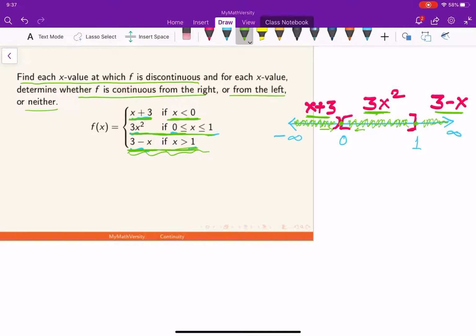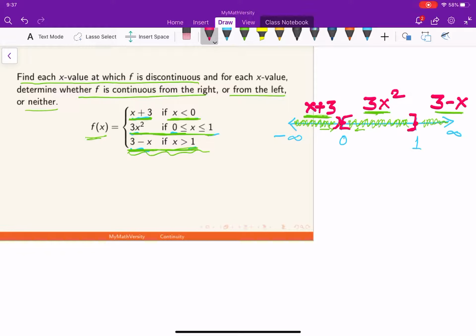But if we forget for a moment those endpoints, it's clear that the function f of x, whose rule is x plus 3 from negative infinity to 0, then 3x squared on 0 to 1, and 3 minus x on 1 to infinity, consists of polynomial functions, so it will definitely be continuous on those intervals. Let's summarize that fact, and after that we'll look into the partition numbers, the endpoints.